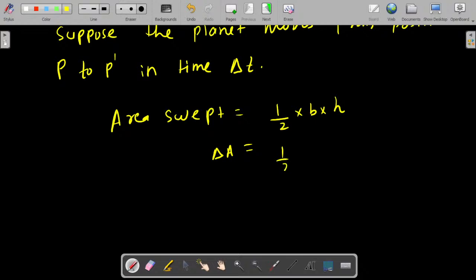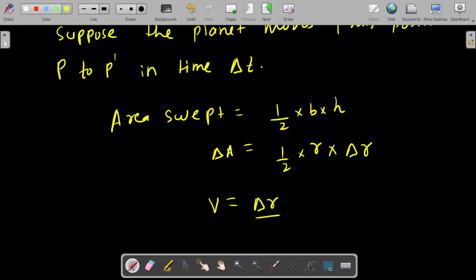So put here half into base into height. So it's half. Base is how much? Base is R1, or you can write R also, no problem. Into height is delta R. But we know V is equal to what?